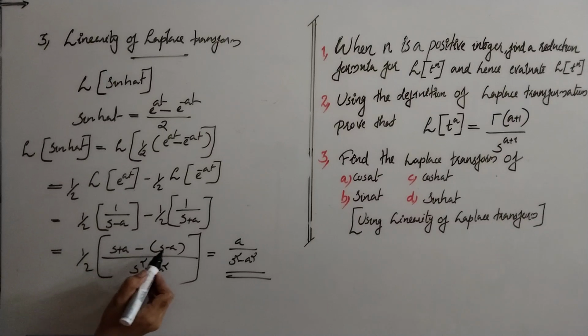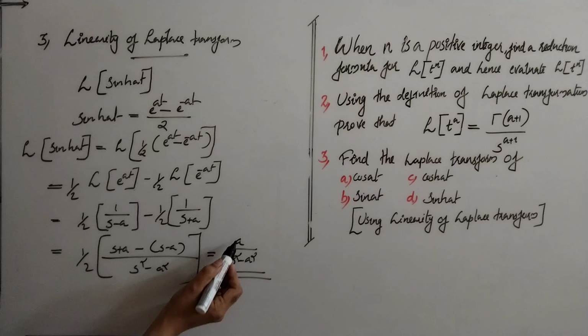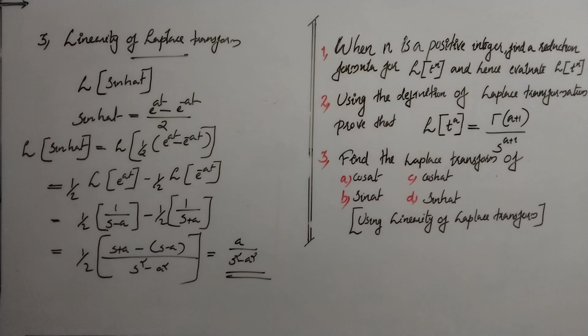Here a plus a is 2a. 2a divided by 2, a divided by s square minus a square. So Laplace transform of sinh at is a divided by s square minus a square, and Laplace transform of cosh at is what? s divided by s square minus a square.